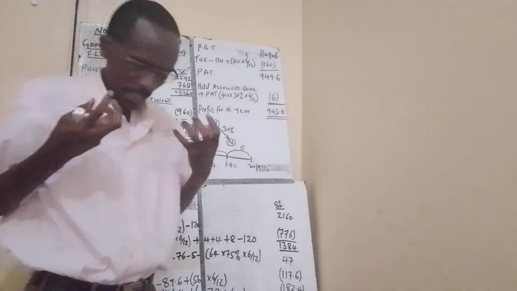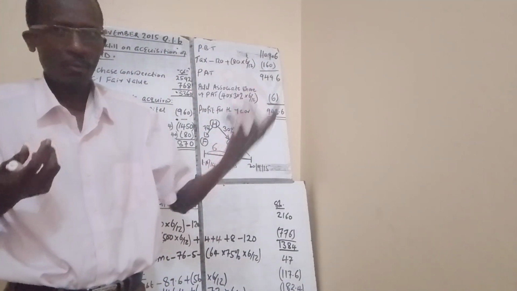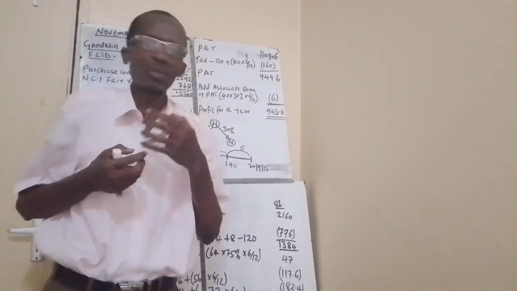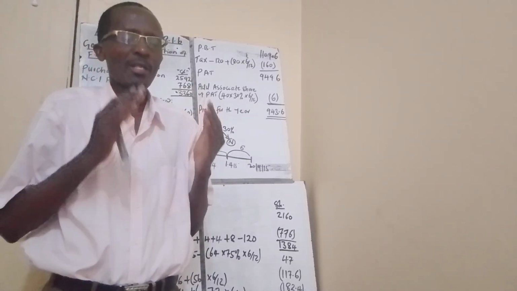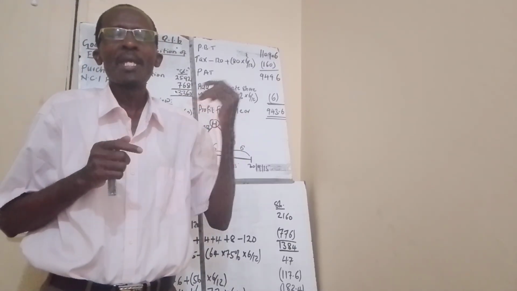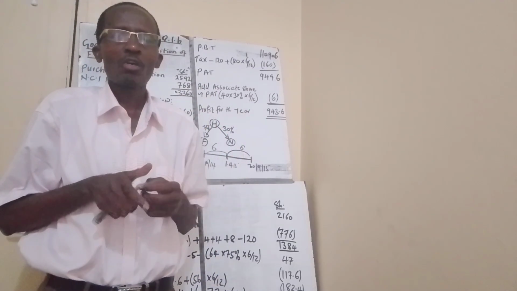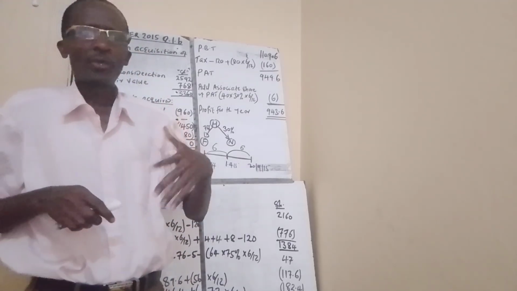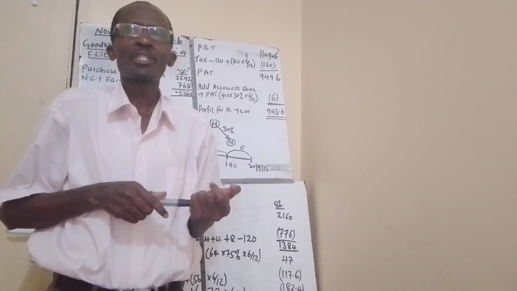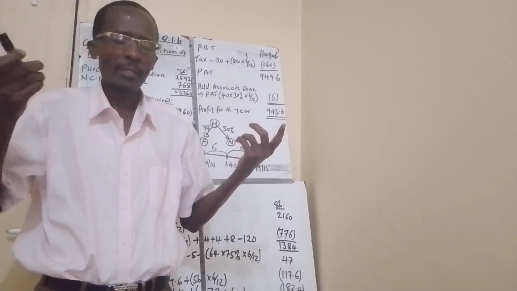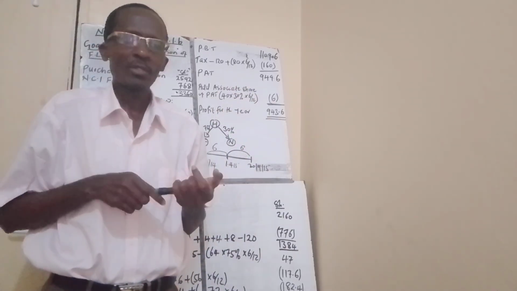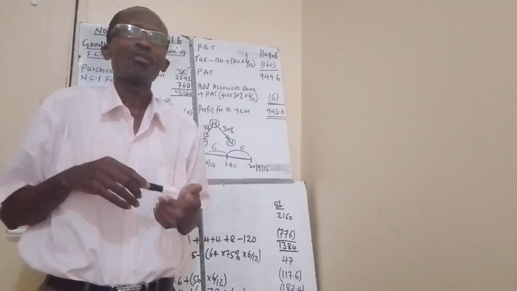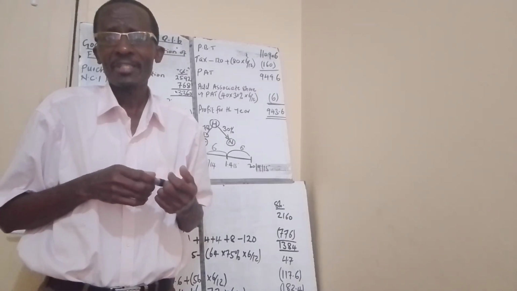If the group member sells to a group member, simply what you do is that you establish that portion of goods remaining in the stock by the close of the year. That portion which has already been sold to outside customers, that portion of profit has been realized.